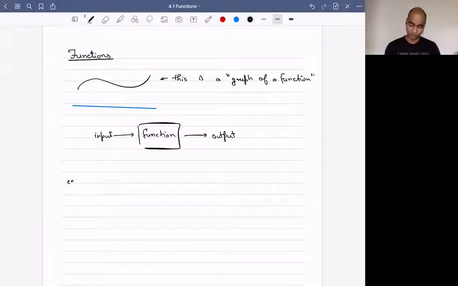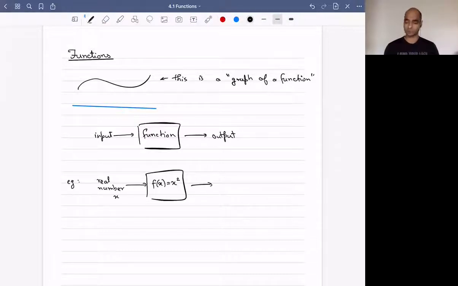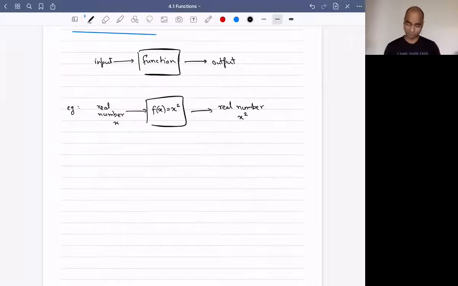Of course, you know functions from calculus and from high school algebra. So for example, you can have a function, let's say f of x equals x squared. Here it takes in a real number x and produces an output, which is a real number y, x squared. An algorithm is a function.